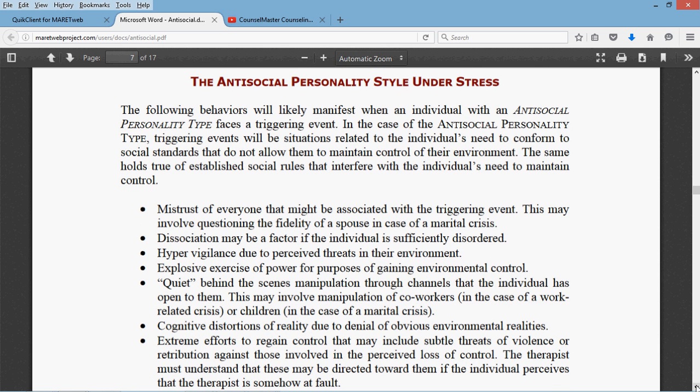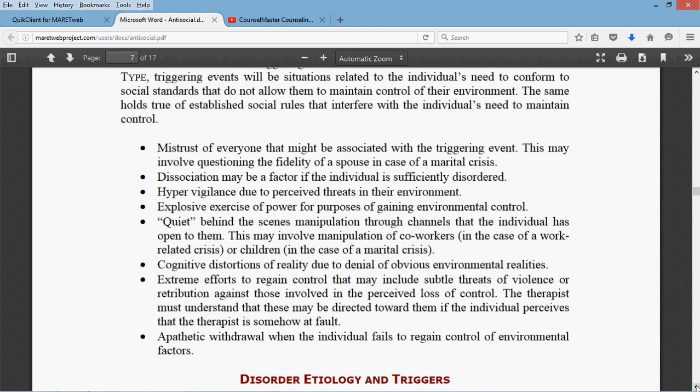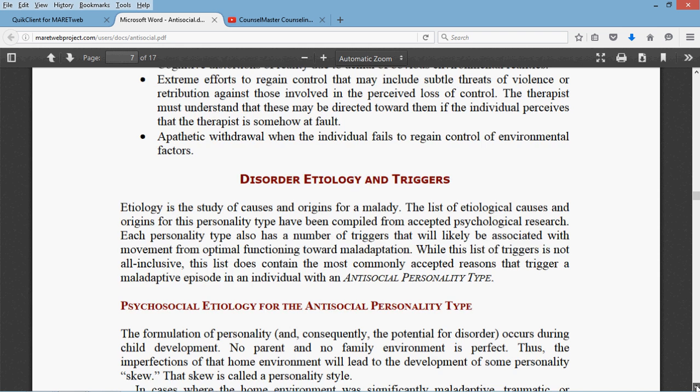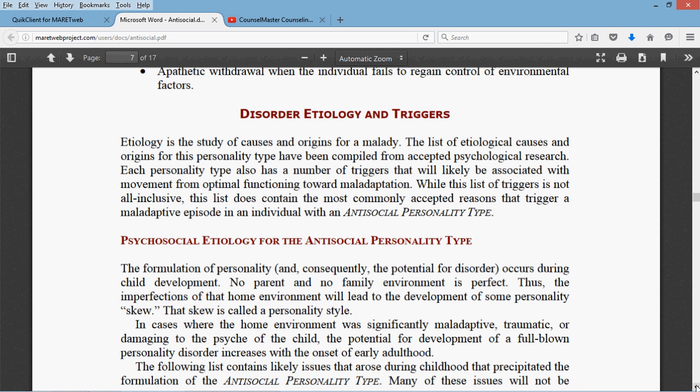What does the antisocial personality look like under stress? Here are some of those items. Etiology, where did it come from? Triggers, what is going to make a person who has an antisocial construct move toward disorder?